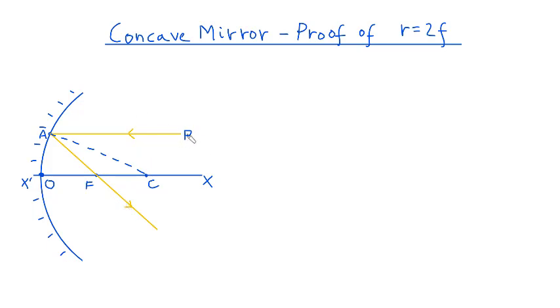So we have here a ray of light arriving parallel to the optical axis. So this ray of light here, PA, is parallel to the optical axis, x dash.